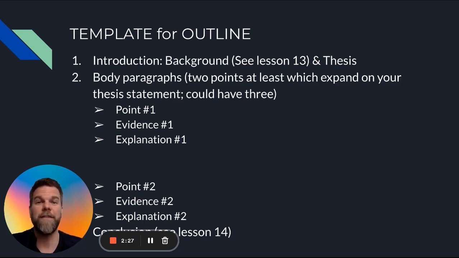And then, of course, you need to have evidence for that point, and then an explanation for that point. And then your second point, or your second body paragraph, really is the second rationale, the second piece of justification that you use to prove your opinion for the topic that you are writing about.